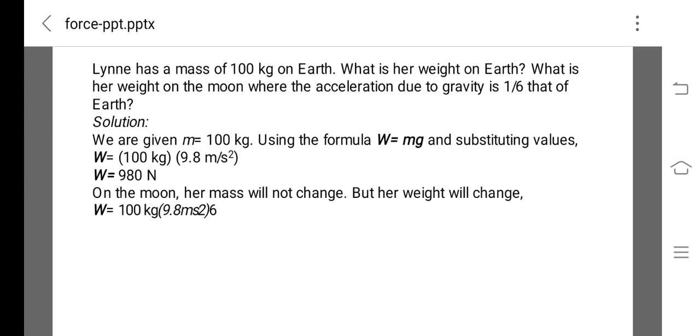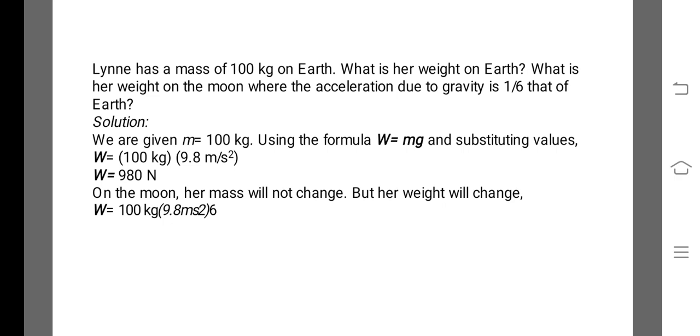So let's just simply multiply 100 times 9.8 meter per second squared. So that will lead you to 980 kilogram meter per second squared, or 980 Newton. So that is for the first question, the weight of Lynn on Earth.